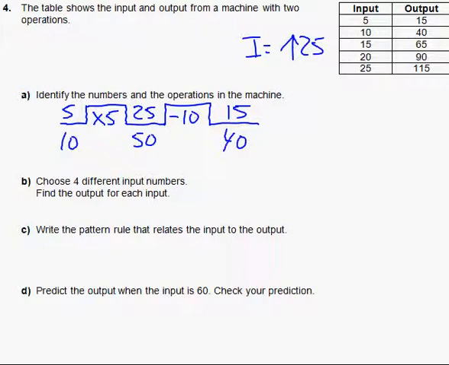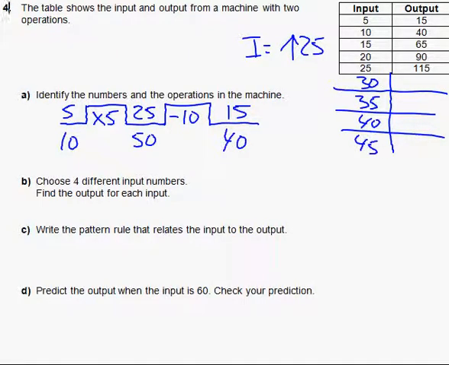All right, so question B says choose 4 different input numbers and find the output. Well, you can extend your chart. That's an easy way. The inputs are going up by 5, so the next input should be 30, and then 35, and then 40, and then 45.